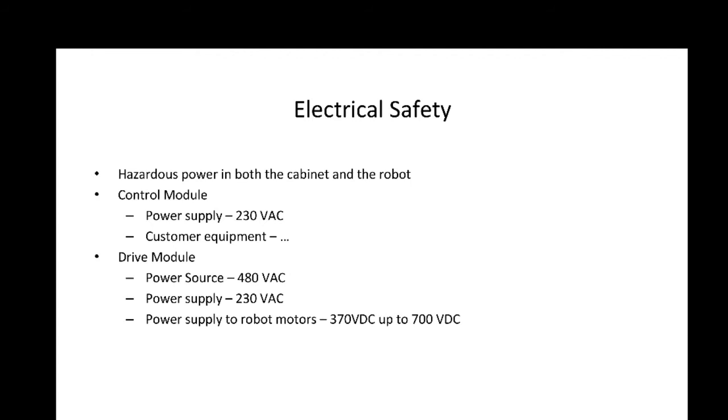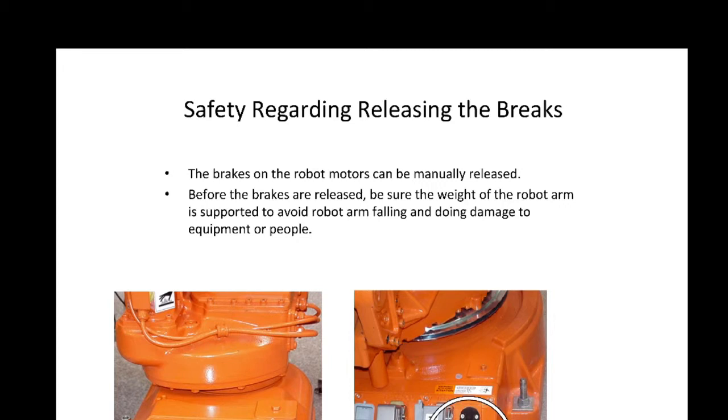All servo motors have a separate braking system. Each and every servo motor has its own brake. Once the emergency button is pressed, all the servo motors go through the brake. Automatically it will apply the brake.